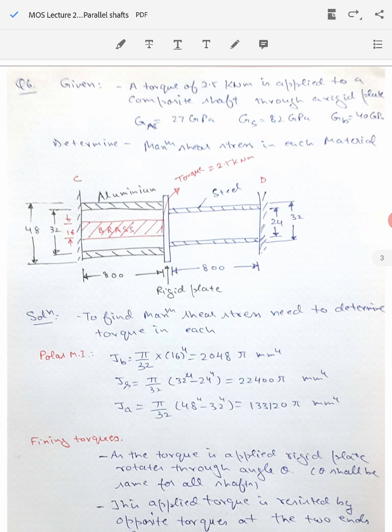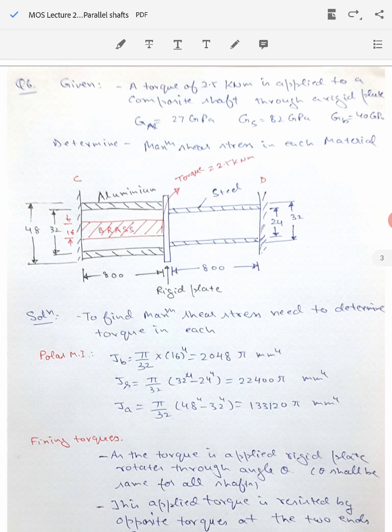So on one side of the rigid plate you have a hollow aluminium shaft encasing the brass shaft inside it. And then on the right hand side of this rigid plate you have the steel shaft. This steel shaft is also a hollow shaft with an inner diameter of 24 millimeter and an outer diameter of 32 millimeter. So this is the construction of our composite shaft here.